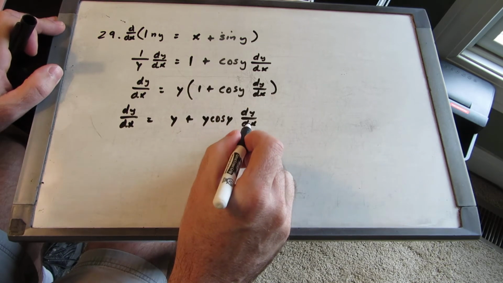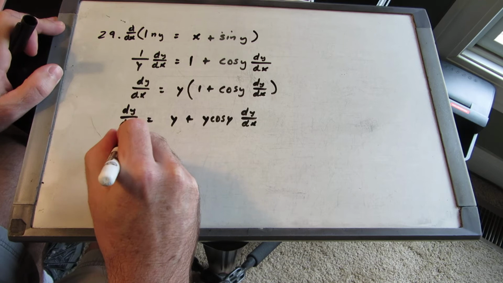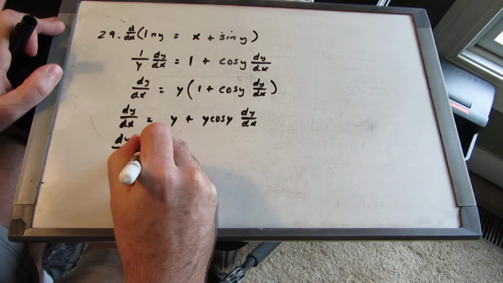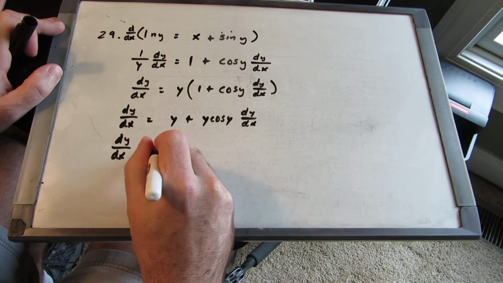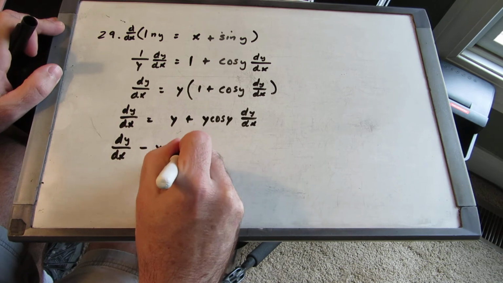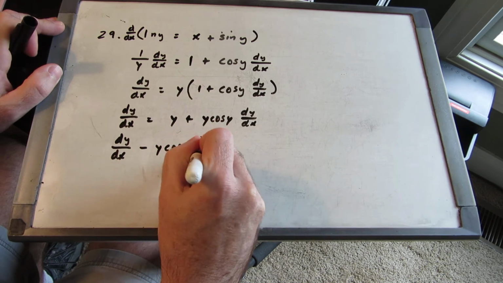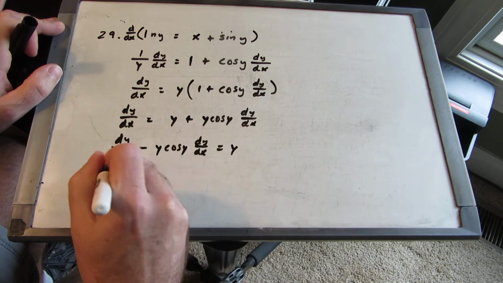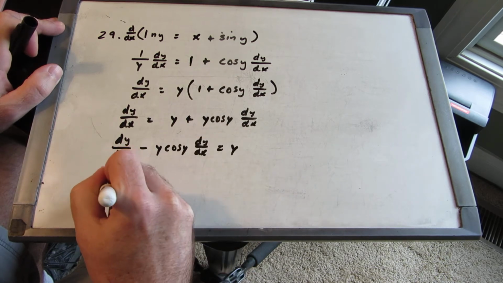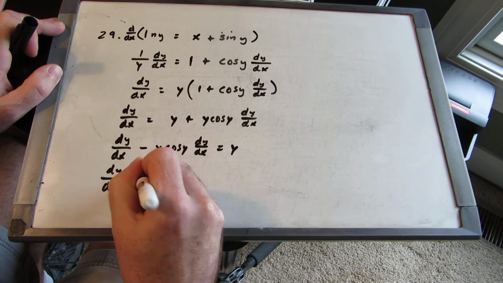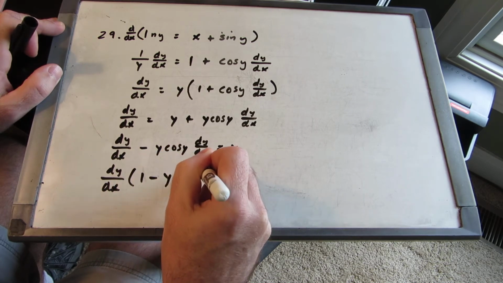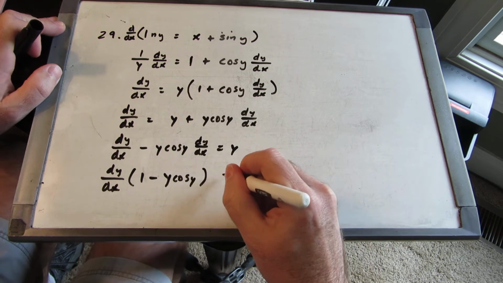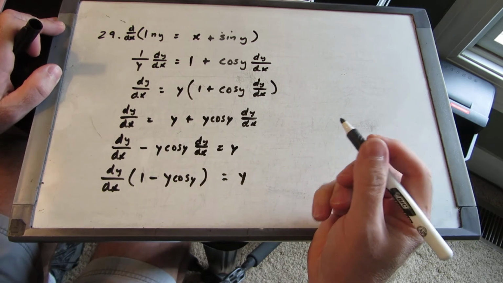Okay, let's get all the dy dx terms over to the left. So we have dy dx minus y cosine y dy dx is equal to y. Then we can factor out a dy dx, and you have 1 minus y cosine y is equal to y.